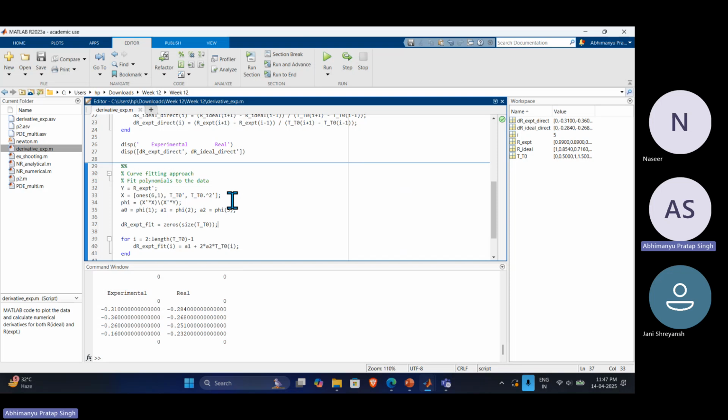So this is what we are doing over here. We are creating first the X matrix. For the Y matrix, we have just taken the R experimental values, and then we do this least square solution for phi, and we get the coefficients for the second order fit to this data. Okay.